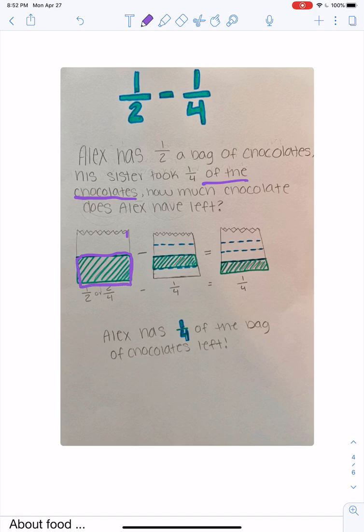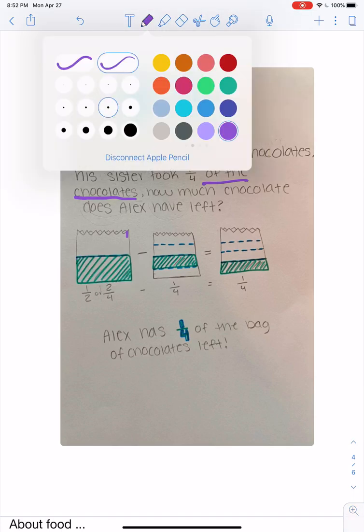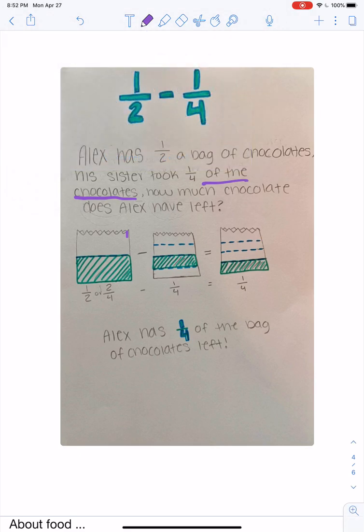And so based on the picture, I think the student means the whole bag. So I have 1/2 of a bag of chocolates. His sister took 1/4 of a bag of chocolates. I would just use the same unit again, which is how much of a bag does Alex have left?